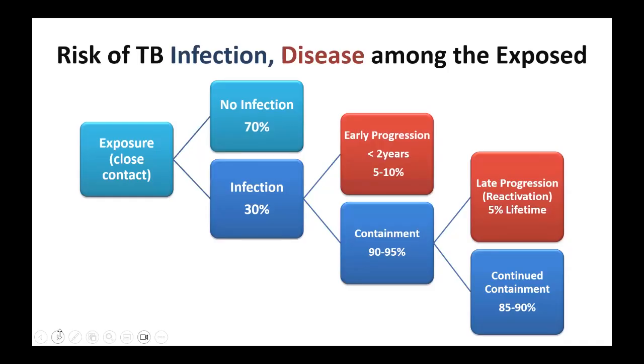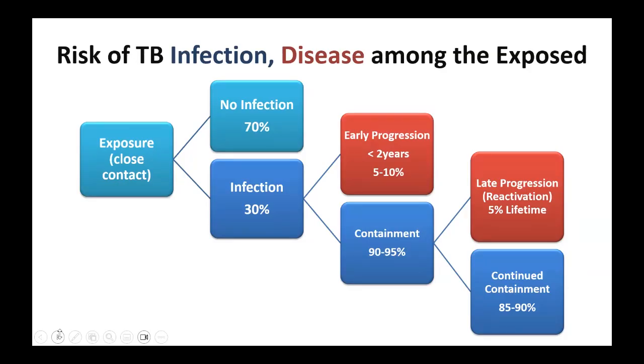If you are a close contact, and these are close contacts, the risk of infection is about 70%. Close contact is sharing a house or a room with somebody. And only about 30% will get infection. Of that, about 5 to 10% will have early progression.